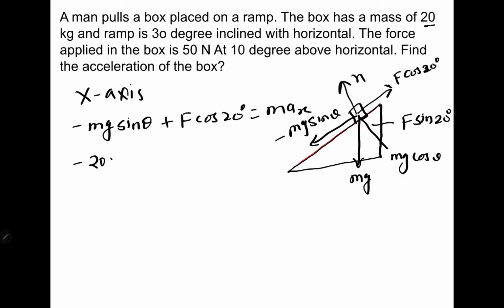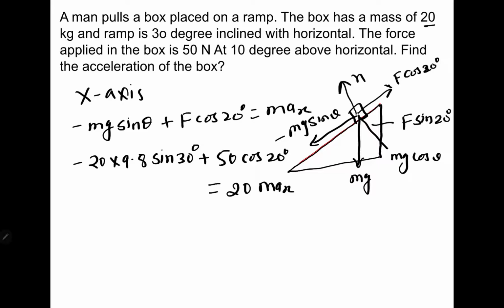Negative 20 kg multiplied by 9.8, which is g, then sine 30 degree plus, what is the force? Force is 50 Newton. Then cos of 20 degree is equal to, what is the mass again? 20, and max. Not am. We put the value for ax, right?